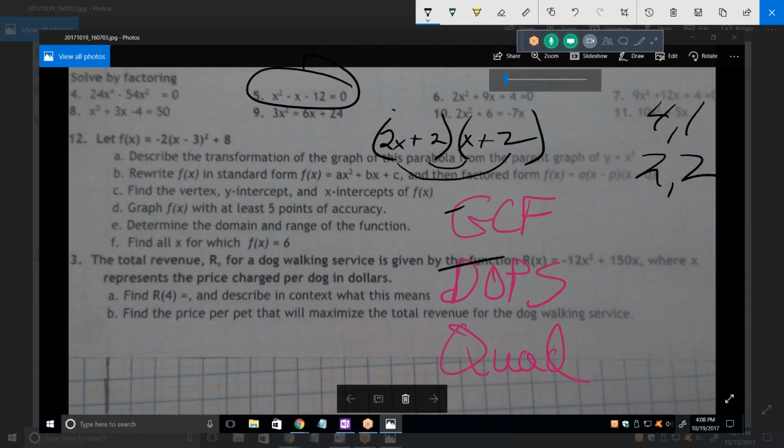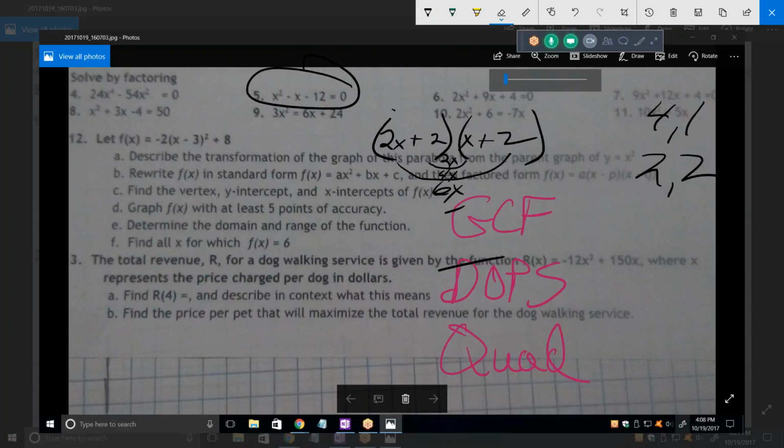In other words, it's the O and the I of FOIL. So that produces a middle term of 6x, right? Because that would be 2x, that would be 4x, add them together, I get 6x. So that's not right.